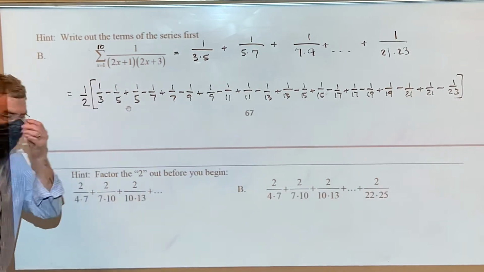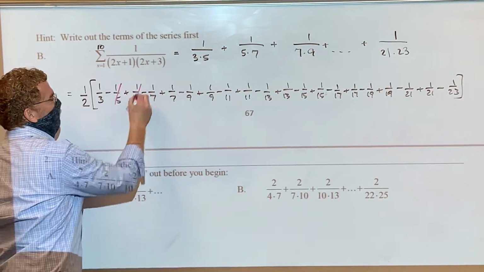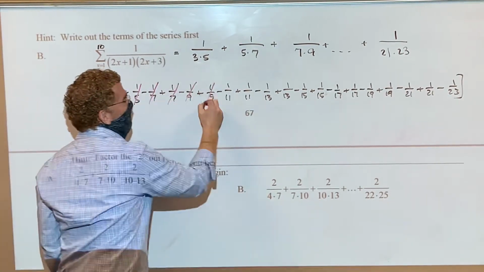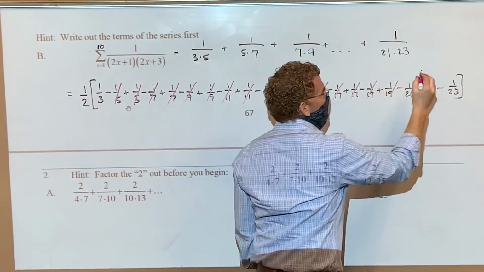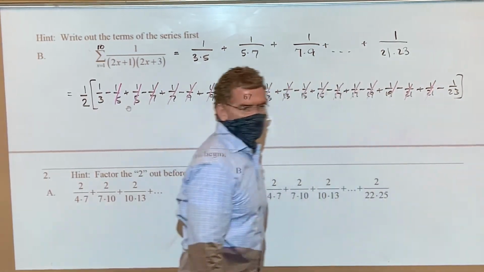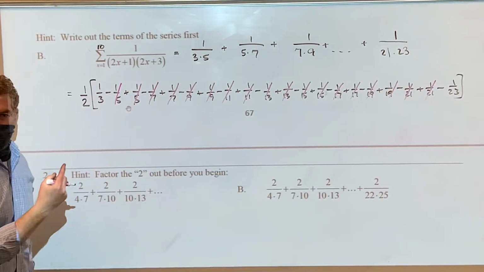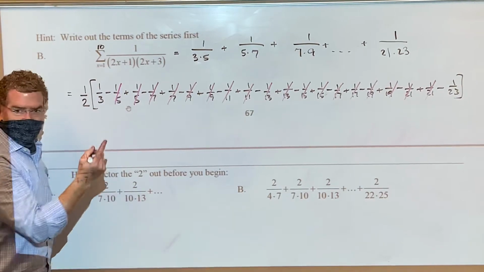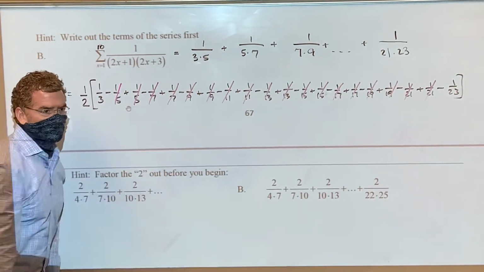So this one's not infinite, it's finite. And what would happen when you go to cancel now? Obviously those cancel, but we don't just cancel everything because, at the very end of the day, not everything cancels. Now here's the beautiful part. You remember the first problem we did? In my example, I had 3 fractions that didn't cancel.